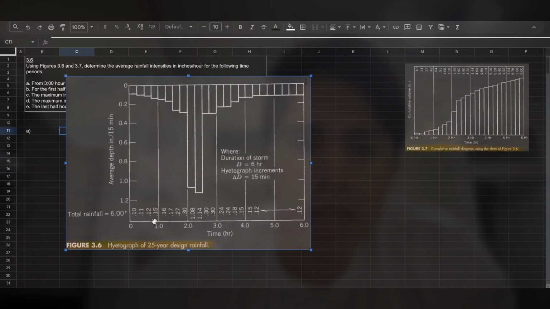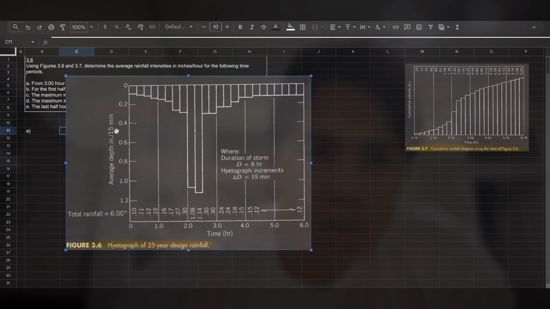In the third 15 minutes, 0.12. In the fourth 15 minutes, 0.15. Another way to see it is like in the first hour from 0 to 1, we have the sum of all of these in precipitation. So in the storm event from 0 to 6 hours, if you add up all these values, it should give you a total rainfall of 6 inches.